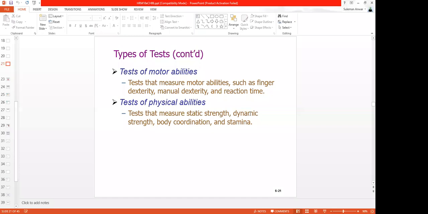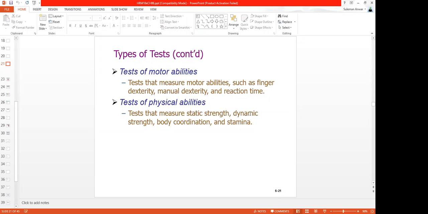Tests of motor abilities is the next type we have, and in that context, these are tests that measure motor abilities such as finger dexterity, manual dexterity, and reaction time. So they are basically linked with your reflex actions, how responsive you are to the physical stimulus, how quick you move, how much stamina you have.